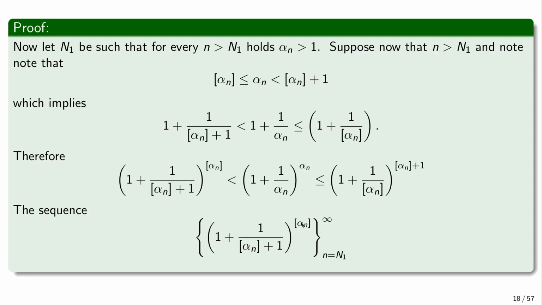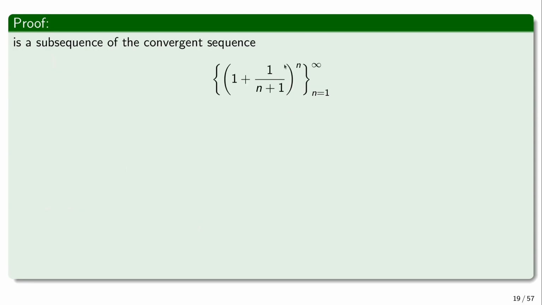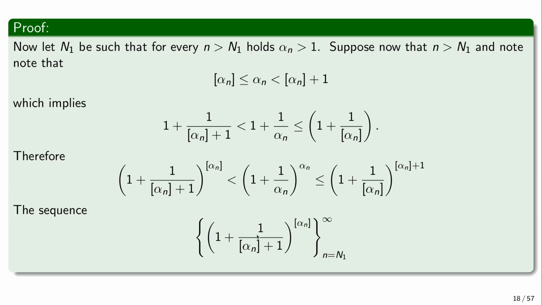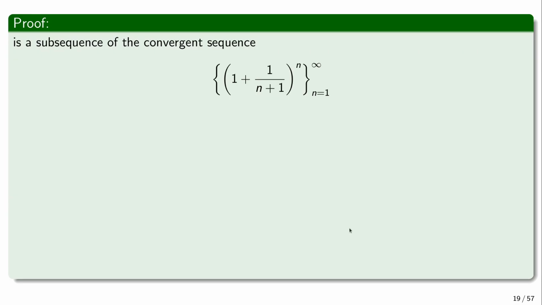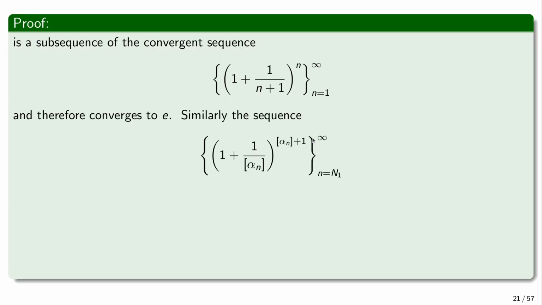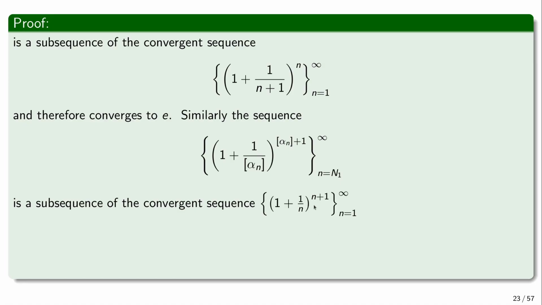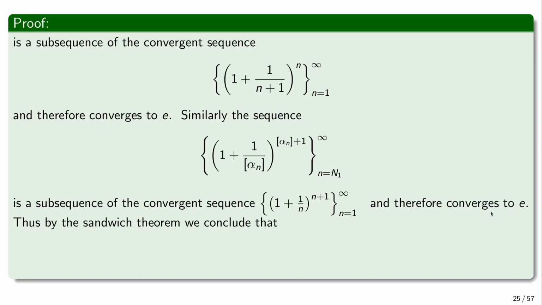And since this sequence converges to E, then this sequence must converge to E as well, because every subsequence of a convergent sequence converges to the same limit. And similarly with this sequence, right? This is the subsequence of this convergent sequence. And remember, it's important alpha n tends to infinity for this to be a subsequence. And therefore, it converges to E as well, right?